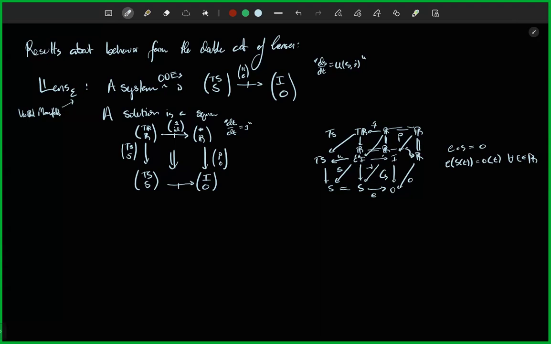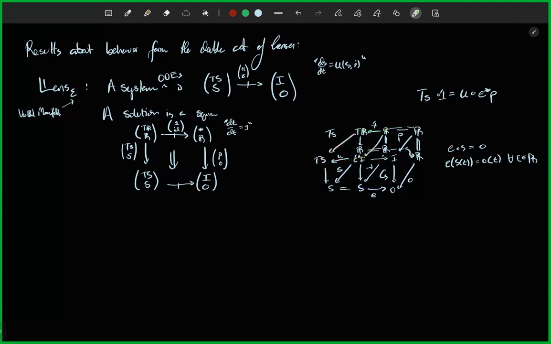And then we have the top square. What does that say? That says that TS after 1 is equal to U after S, the pullback along E of P. That's what the top is. So this equation is this square, and this equation is this square.